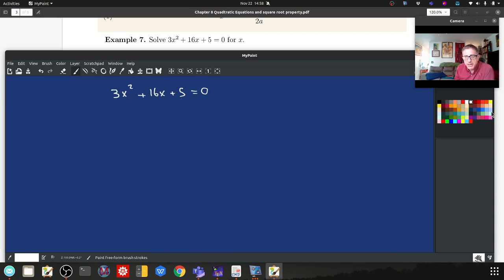And we're comparing that to our formula, ax squared plus bx plus c is equal to 0. So what do I need to use the quadratic formula? I need the values of the coefficients. A is equal to 3. B is equal to 16. And C is equal to 5.